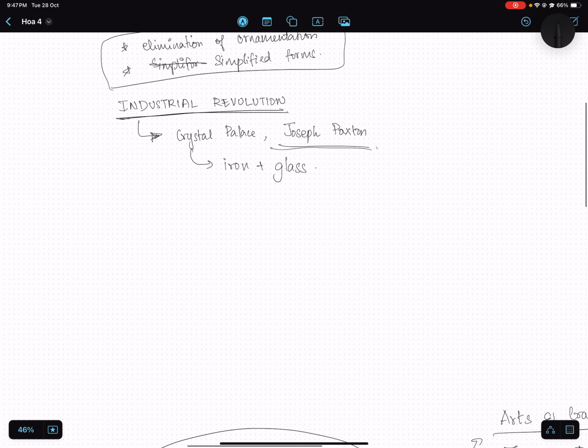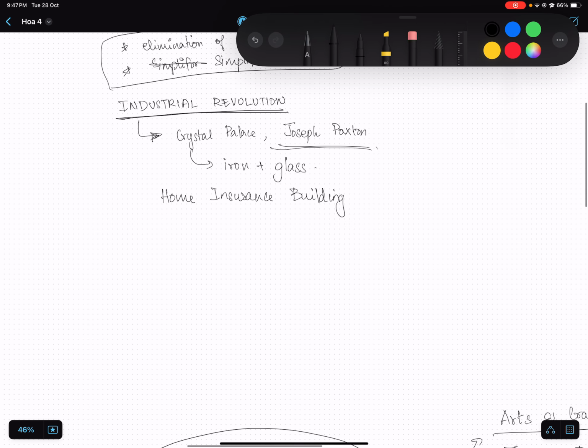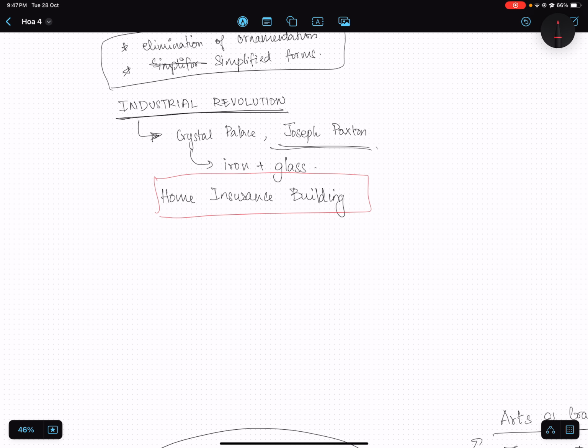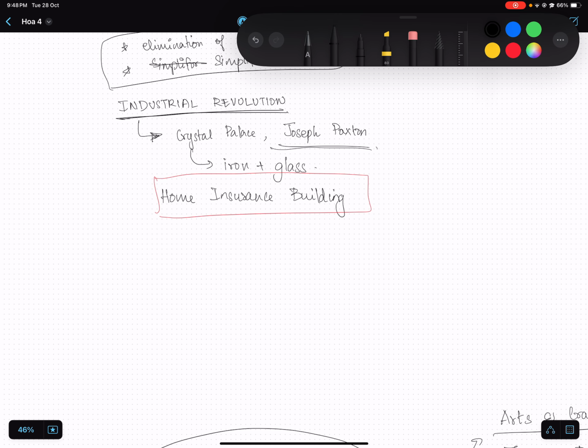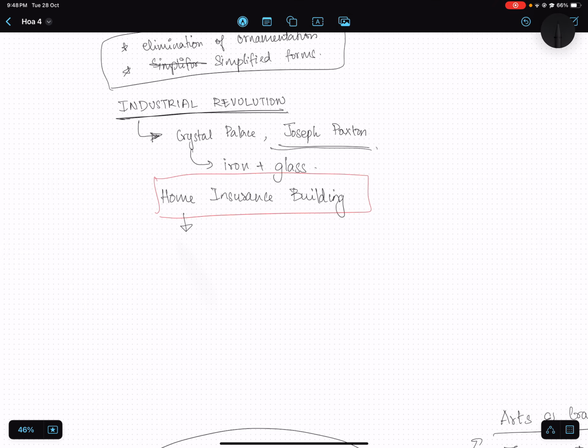Then we have the Home Insurance Building. The Home Insurance Building is the world's first skyscraper. So remember that.